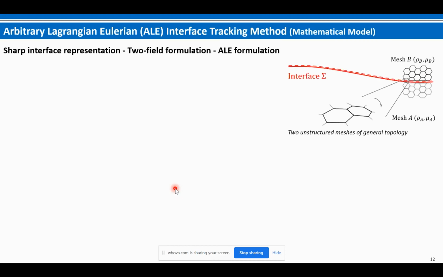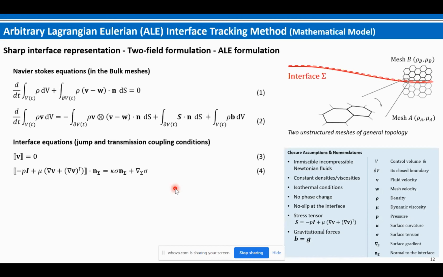We have here two regions, say mesh A and mesh B. Every region has the following set of Navier-Stokes equations, which are the well-known mass and momentum conservation equations in integral form for controlled volume V of t, to indicate that volumes can change over time, as the surface or the mesh is moving.